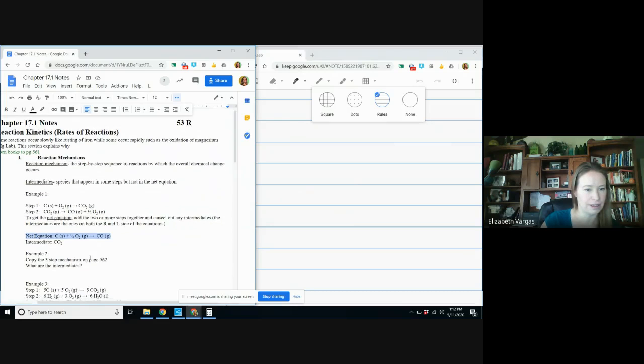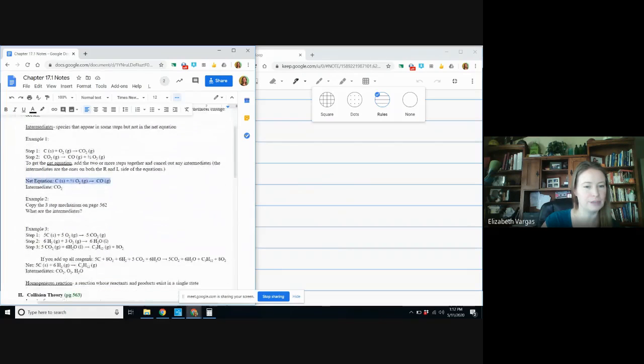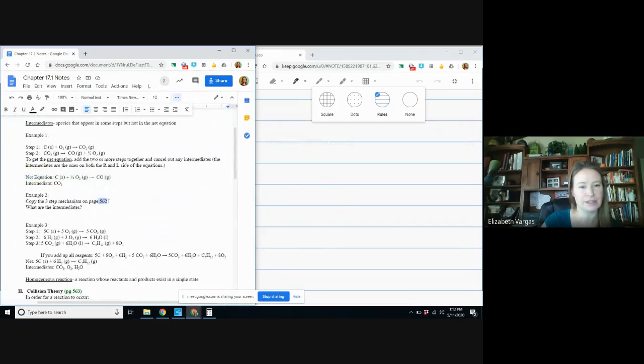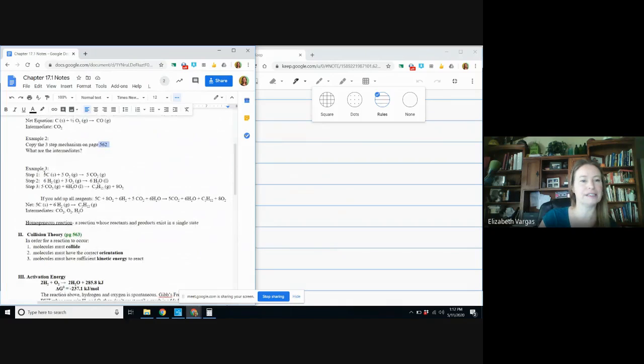There are examples in your book on page 562, so you guys can look at those reactions involving hydrogen and iodine. Example 3, I have it right here, so we can look at example 3. And this is a really long reaction where we have 3 steps going on.